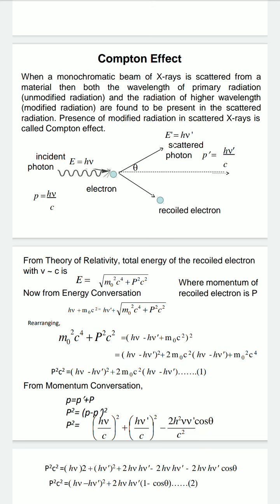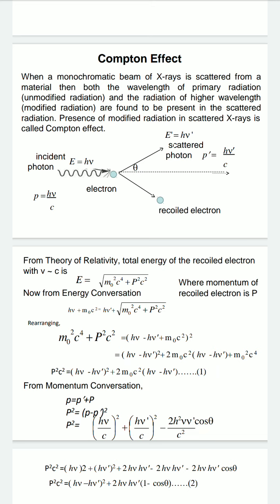Before scattering, the target electron is at rest, and after scattering the electron recoils, moving with a velocity, and it has a momentum and energy. So before scattering, the electron has only rest mass energy, and after scattering it has kinetic energy also.